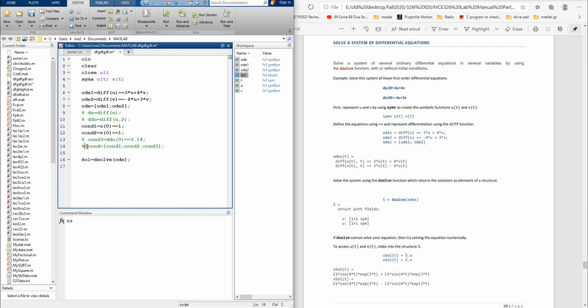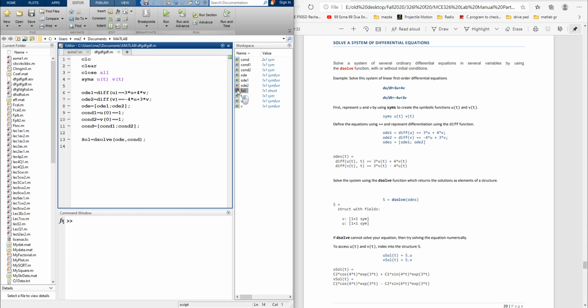Okay, now I will remove this one and say that cond equal condition number 1, semicolon, condition number 2. Remove this one, no need for it. Now the solution equal dsolve ODE at conditions, cond.